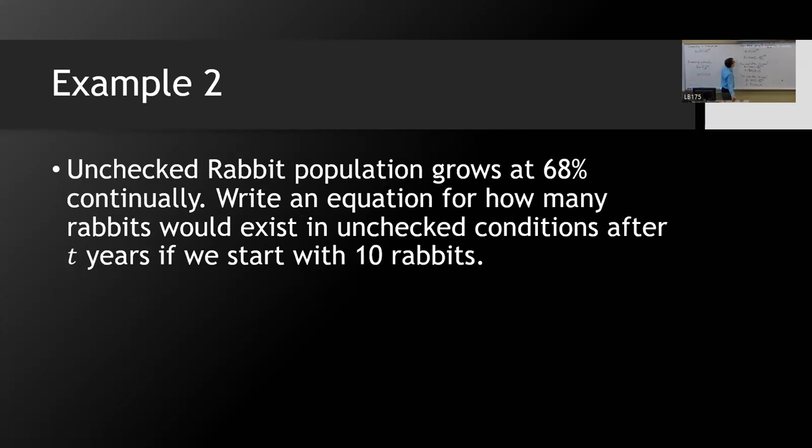This says unchecked rabbit population grows at 68% continual. 68% continual growth.